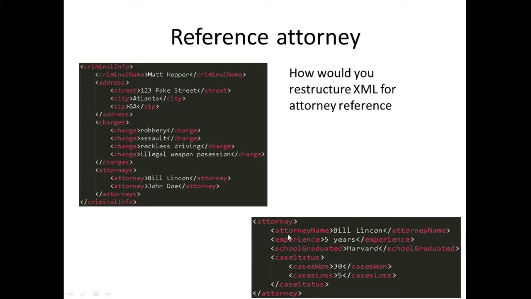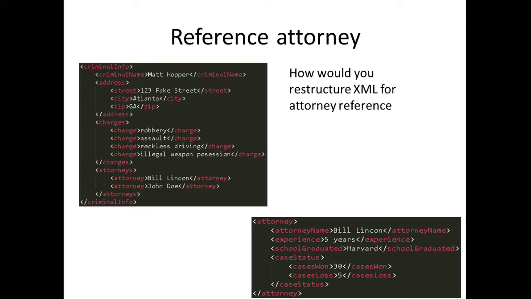Now, one thing to realize is that when you're working with XML, you can look at them like tables. When you're working with databases, you have tables, and there's one way that those two tables can be joined together: through a foreign key that points to the primary key of another table. And when it comes to XML, you can do just that.